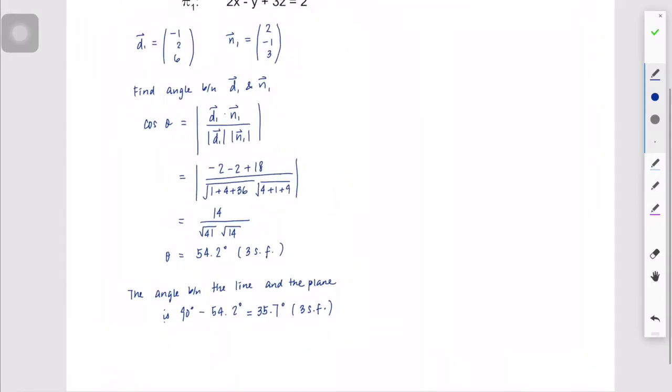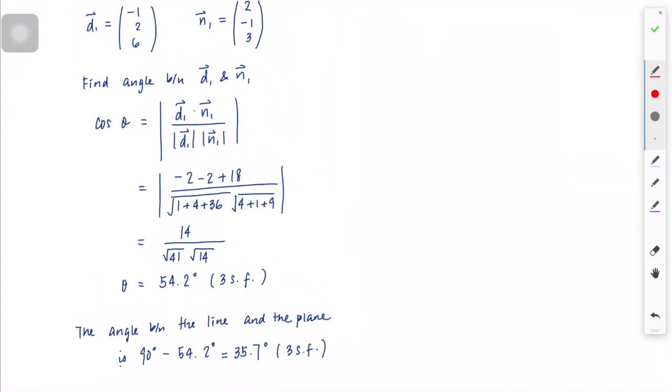Now, one thing that I want you to note is that remember there was this trig identity: sine x is actually equal to cosine of 90 minus x.